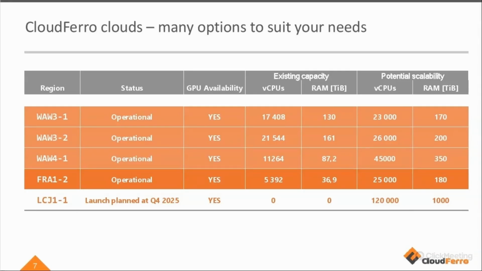So we have WAW3-1 and WAW3-2 in one data center in Warsaw, and WAW4-1 in the second location on the Warsaw border. Then we have the data center in Frankfurt, and we are building a new Polish data center in Łódź. It's a city about 100 kilometers from Warsaw to the south.